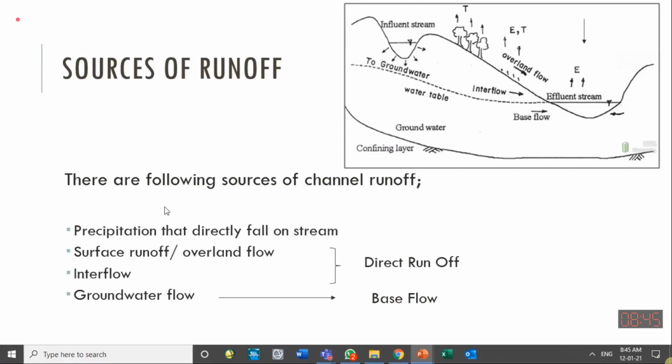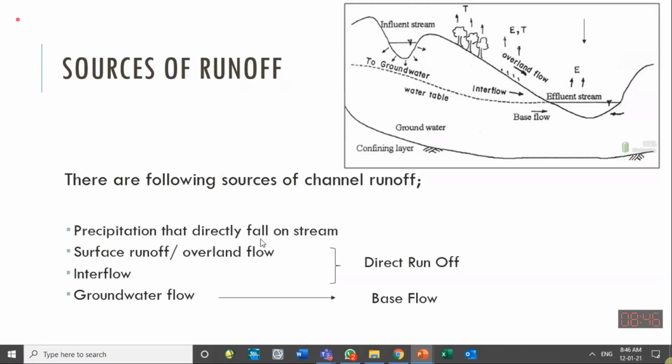So these are the components of the runoff. This figure elaborates them. Either water can reach the stream from the groundwater bodies or from the unsaturated zone. We call unsaturated zone water reaching the runoff interflow, or it comes from the overland flow or surface runoff, and direct precipitation.